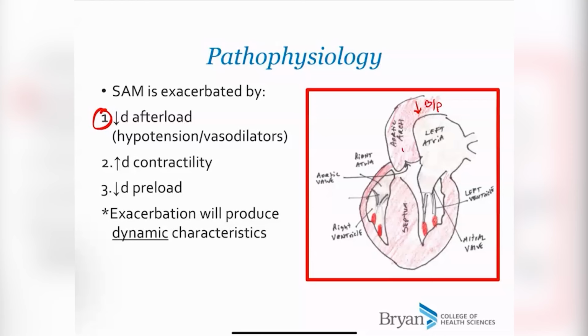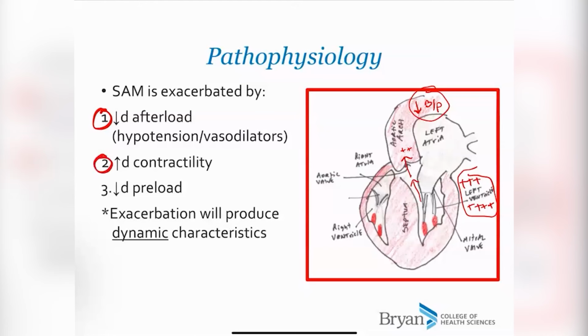As we have pressure in our aortic arch, if we have a large amount of pressure that we need to generate in order to get blood flow out, and we decrease this amount of pressure, basically what we're doing is increasing the velocity of flow again across that aortic valve. And so that's going to exacerbate the systolic anterior motion that was just discussed.